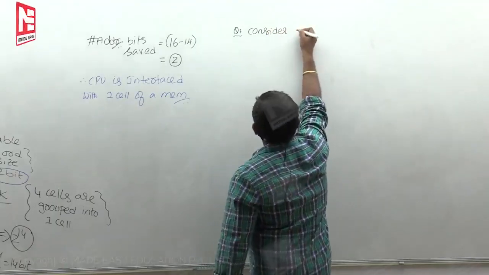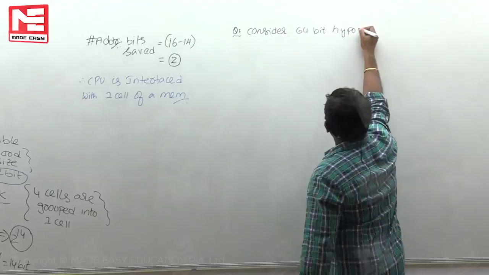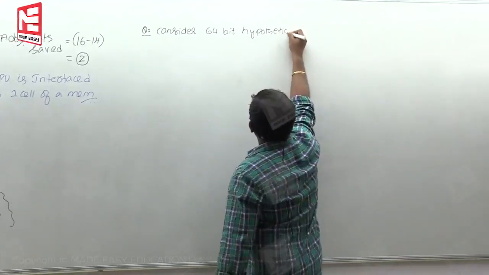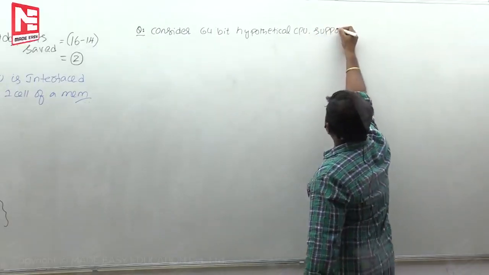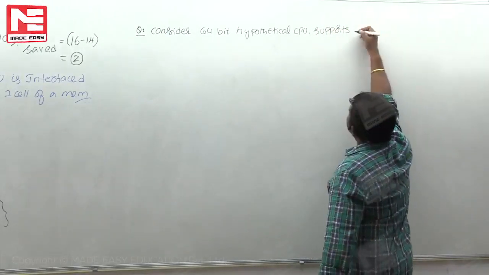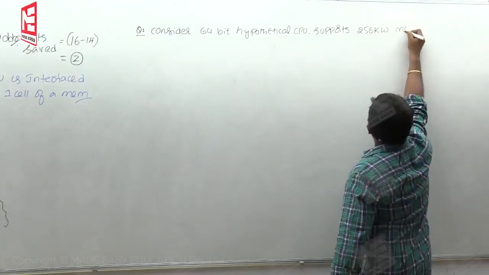Consider a 64-bit hypothetical CPU that supports 256 kilo word memory.